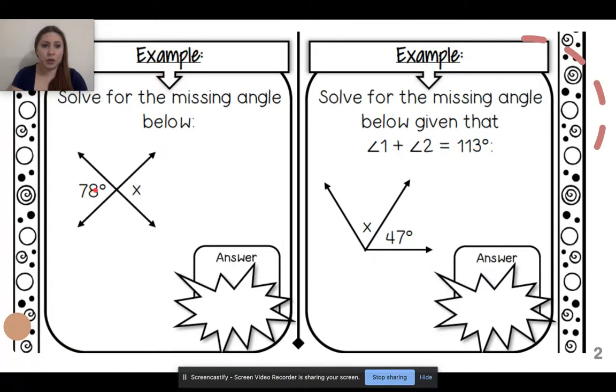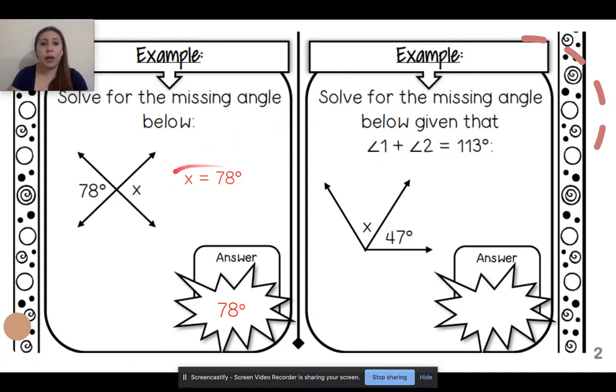So question for yourselves: are these vertical angles? Are they on opposite sides of each other? Do they form an X? Yes. So what is X going to be? Well, if this is 78, then X is also 78. So my answer is 78.